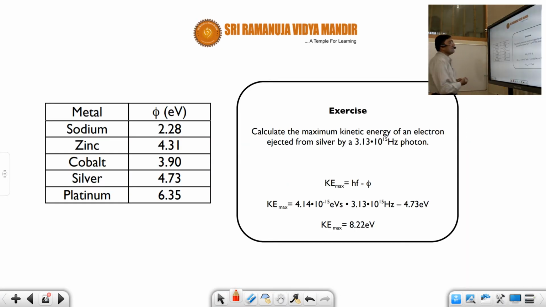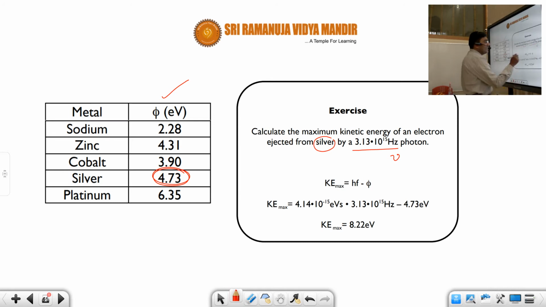Next question. Calculate the maximum kinetic energy of an electron ejected from silver, where the incident wavelength and nu are given. So you have to find KE, and the work function of the metals is given. The first one is the maximum kinetic energy for silver. The silver work function is 4.73.